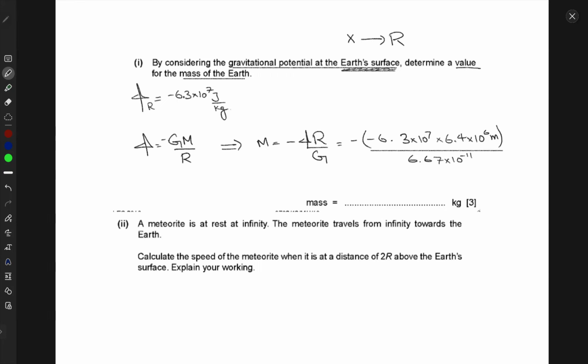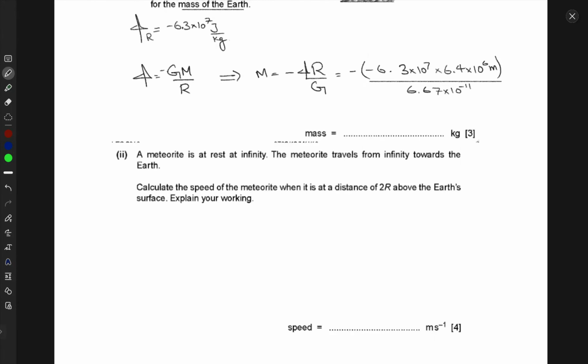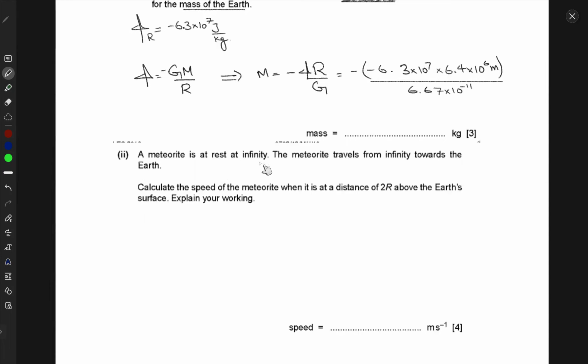It's clear. Okay, great. So in the next part, we have a meteorite at rest at infinity. So at infinity really means that it's very far away from the Earth. So we say that it's at infinity. And it is at rest means that the velocity of the meteorite is initially 0.